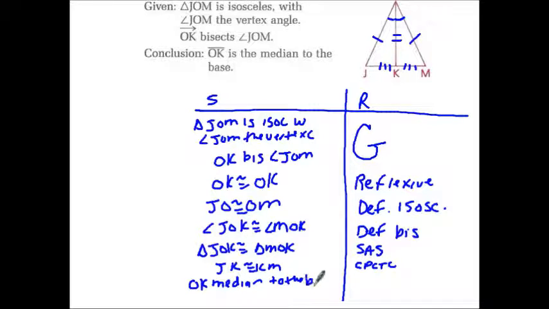Now, we got to be careful with my wording here. So here we go. For my wording, if a segment from a vertex divides the side opposite into two congruent pieces, it's a median.